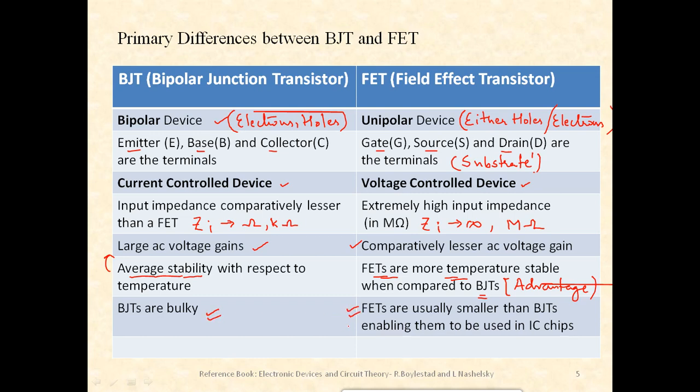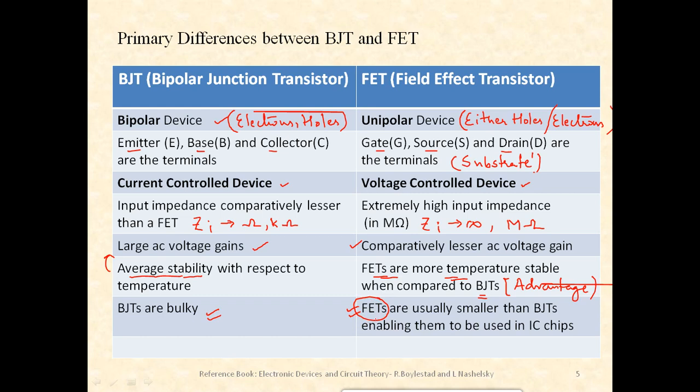They can be miniaturized to even micron scale and nano scale. You know, nowadays we are hearing about the term nano electronics. What does that mean? Here the size of FETs are in nano scale, whereas the same is not possible with respect to BJTs. BJTs are comparatively bulkier when compared to FETs.